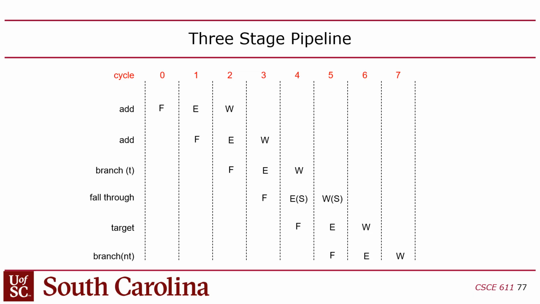The soonest you can fetch the target of the branch is the cycle after the fall through instruction has been fetched, right? Which means that the fall through instruction is always going to get into the pipeline, always, even when you take the branch.